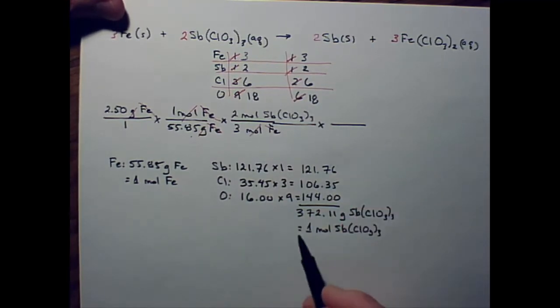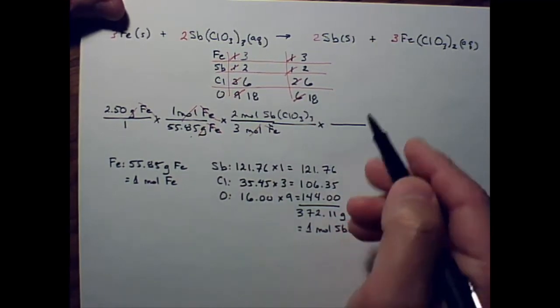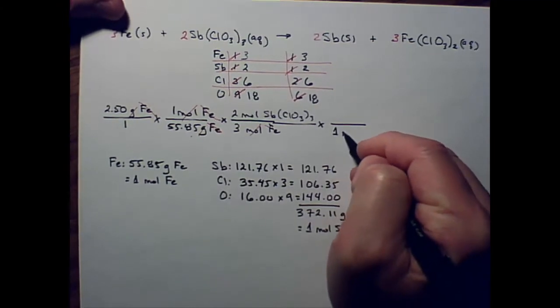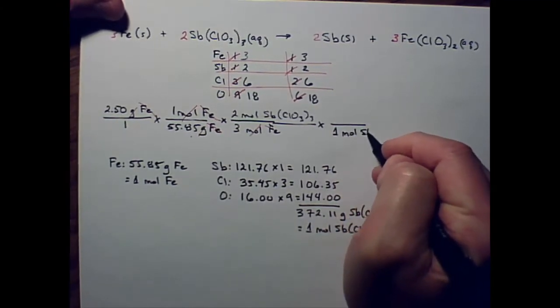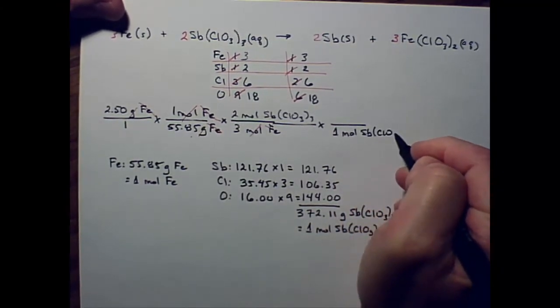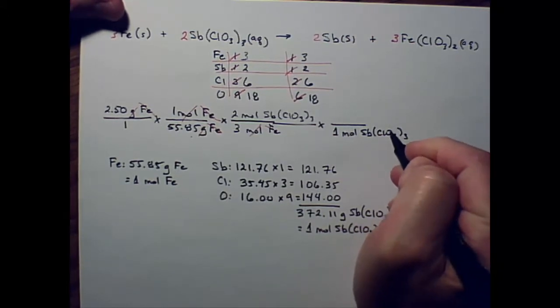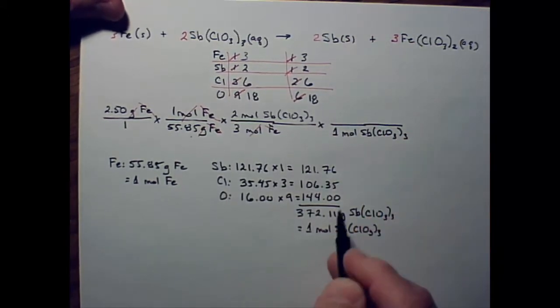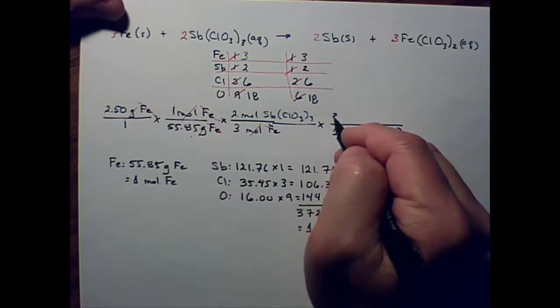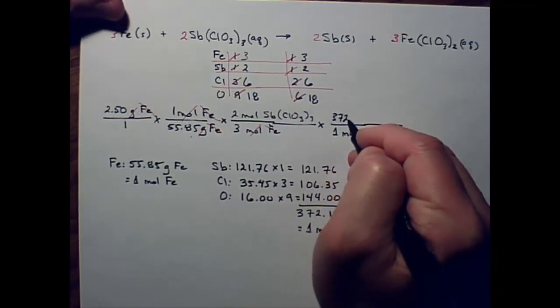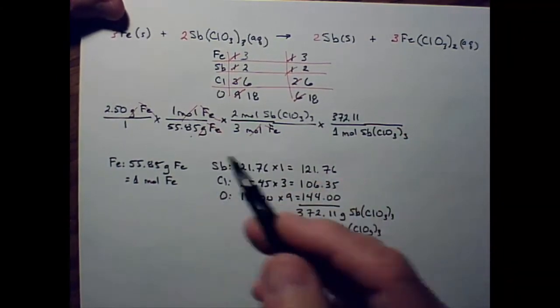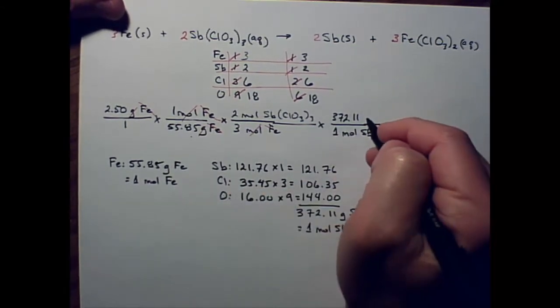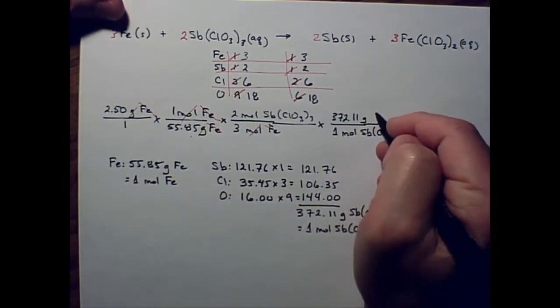And this side of the equality statement is the side I want on the bottom. And then I want the other side on the top, this will end up giving me my answer in grams, which I need to compare to find out what the limiting reactant is. And I'll show you that in a second.